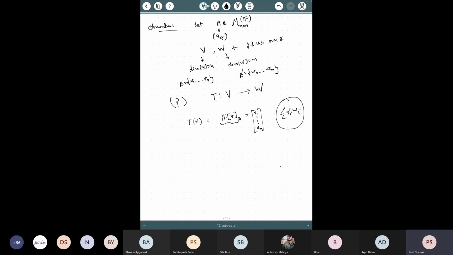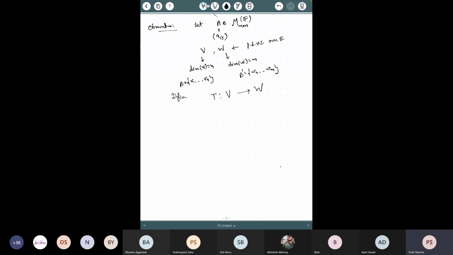And then you can think of this kind of map. What I'm saying is that this idea will work, but you have to make sure that your map is well defined. The answer is you can always define a map T from V to W, and it would be this one.